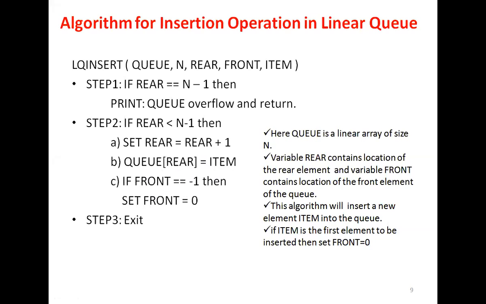But you have to increment the value of front also whenever you are inserting the first element into the queue. That's why you check whether the front value is -1 or not. If front is -1, then you set it to 0, that means set front equals 0. You have to do this. Okay, and then exit. So this is the insertion algorithm in queue.